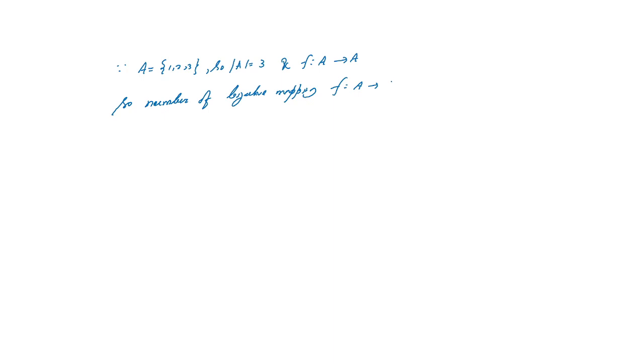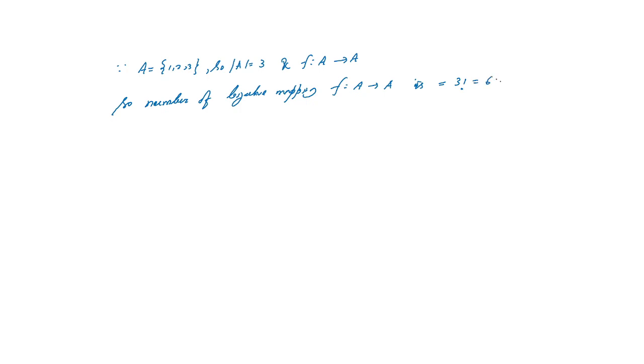So by using the fact, since our A is 1, 2, 3, the cardinality of A is 3, and f is a map from A to A, so the number of bijective mappings f from A to A is 3 factorial, that means 6. So there are 6 bijective mappings.